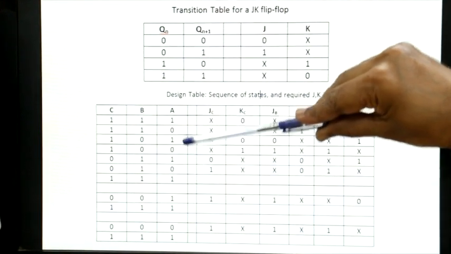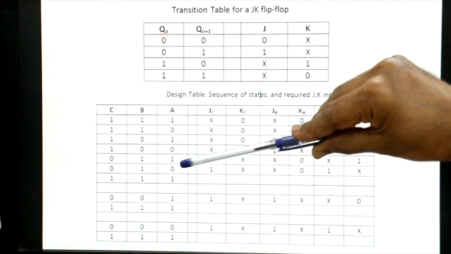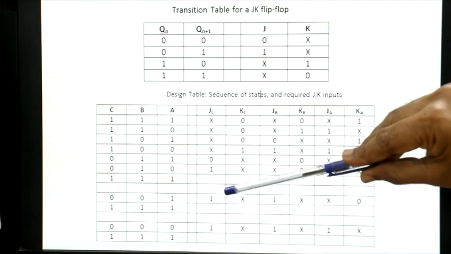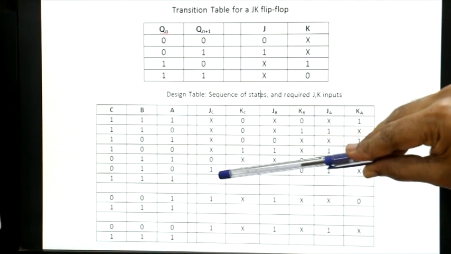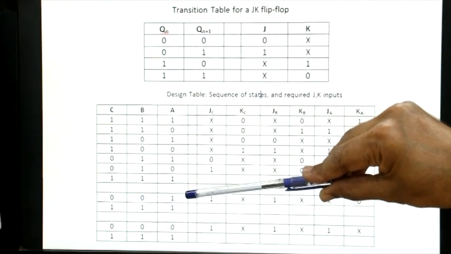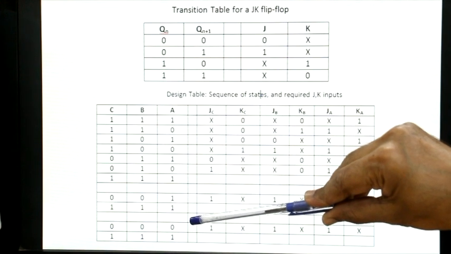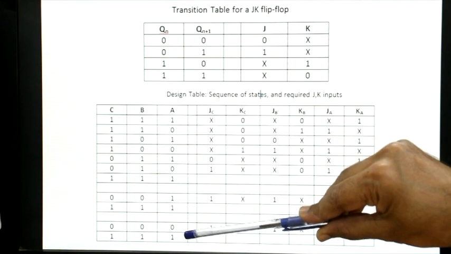So you have all the 6 states here: 1, 2, 3, 4, 5, 6. At the same time, we also specified in the problem that if the unused state 001 comes, the next state should be 111. And also, if the unused state 000 comes, the next state should be 111.